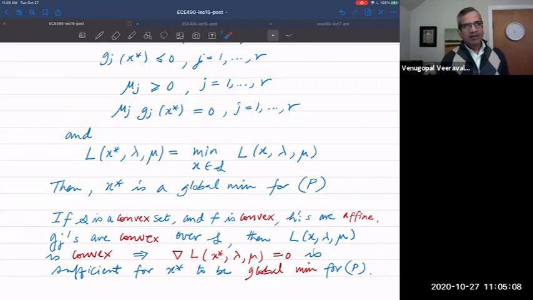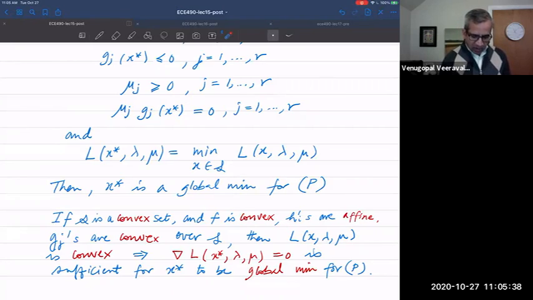Lambda could be positive or negative, so hi has to be affine for it to be convex when you multiply by a positive or negative. The hi can't just be convex; they have to be affine. But the gj can be convex because they're always going to be multiplied by a non-negative Lagrange multiplier. So when you add those things up, you get a Lagrangian function that's convex in x.